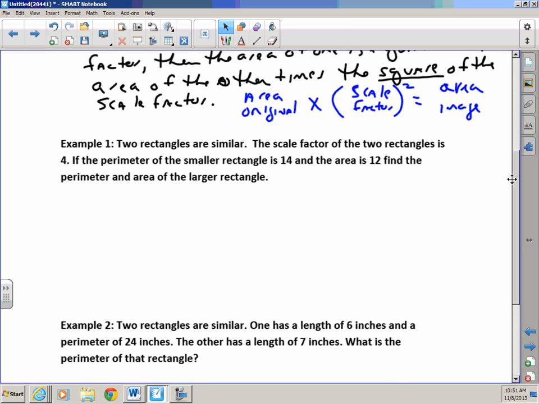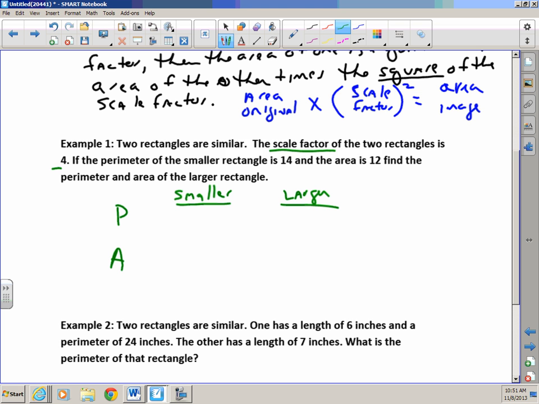All right. So I have two similar rectangles. The scale factor of the two is 4. The perimeter of the smaller is 14, and the area is 12. And I want to find the perimeter and area of the larger. So let's lay out a little chart here. Smaller, larger, perimeter, area.